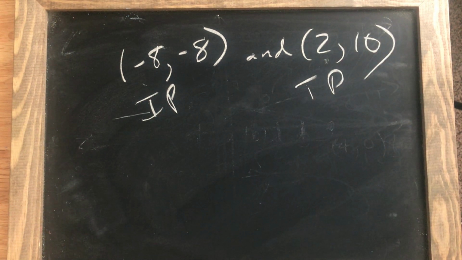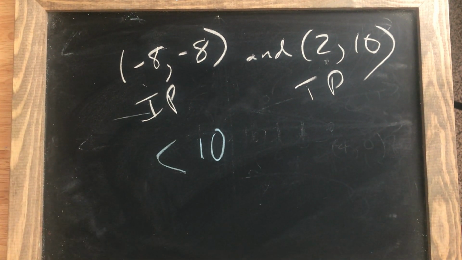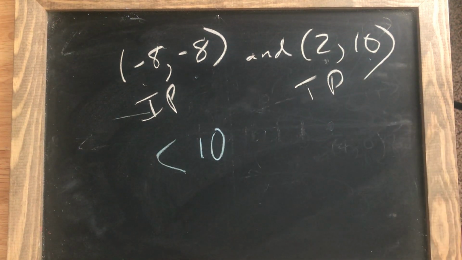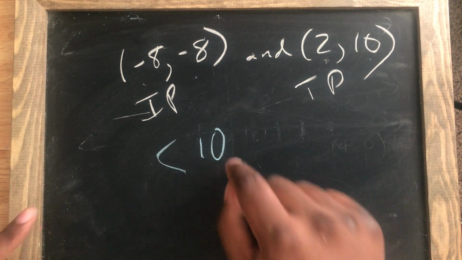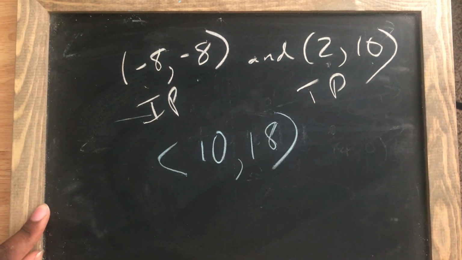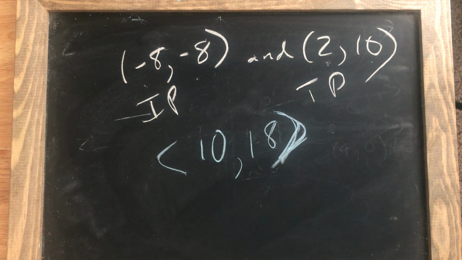I'm becoming more positive, right? By how much? 10. From -8 to 10, I'm going up by 18. So that's my vector. It's really not hard to find vectors between 2 points. All you got to do is think about what in the world it means.